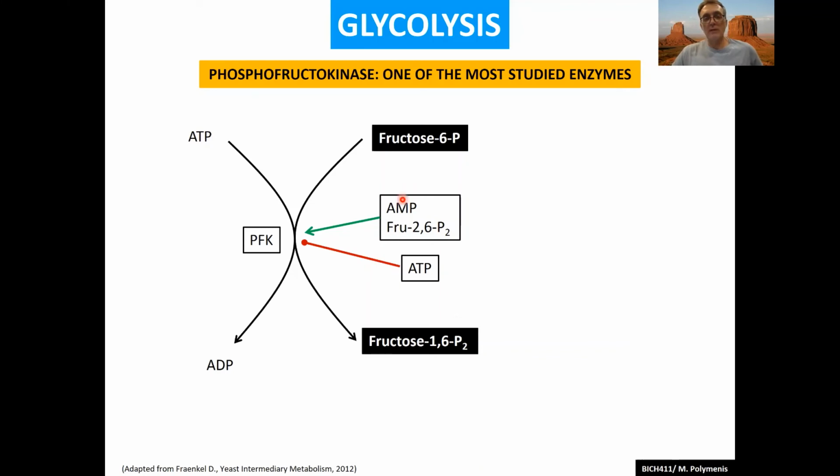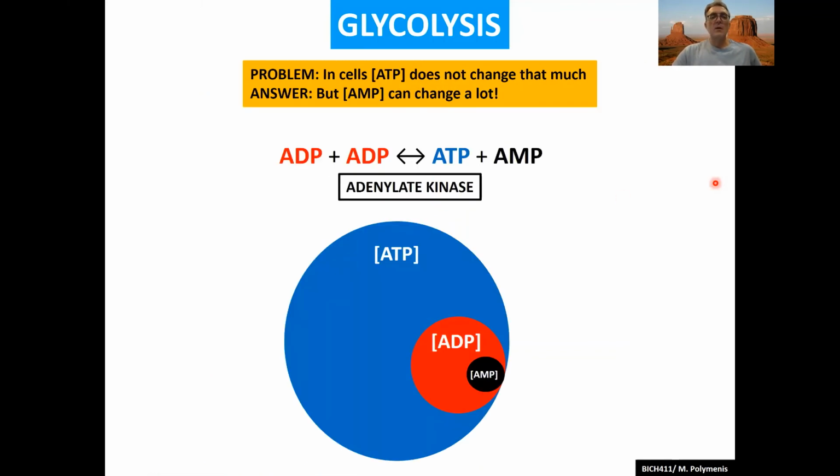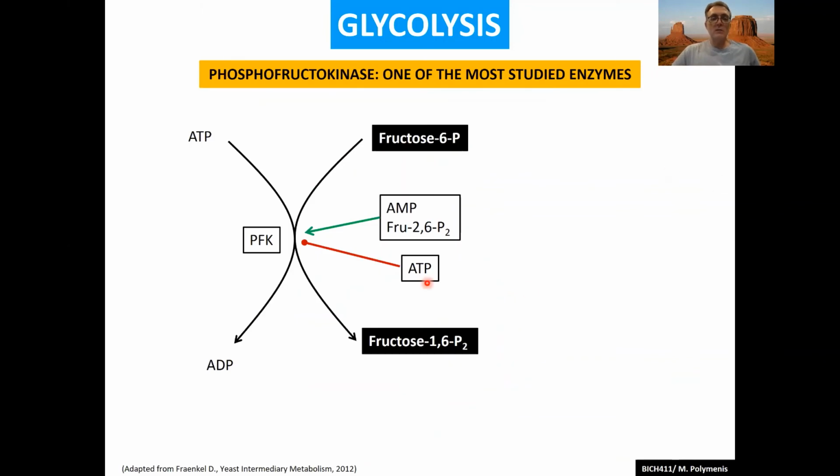Here, they both act as allosteric effectors in this scheme, one inhibitory, the other activating. And the idea is that you need ATP to be inhibitory because you have made a ton of ATP. Why would you want to go down glycolysis and break down glucose and get more ATP, right? So that's the whole point. So you block PFK if there is a ton of ATP around, and you don't have to break down your glucose. You just keep it and store it and put it in storage, so to speak.